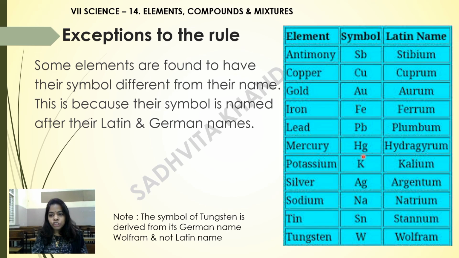Mercury is Hg because of hydrargyrum. Potassium is K for kalium. Silver is Ag for argentum. Sodium is Na for natrium. Tin is Sn for stannum. And tungsten is W for wolfram. This is a German name, children. Rest all are Latin names.